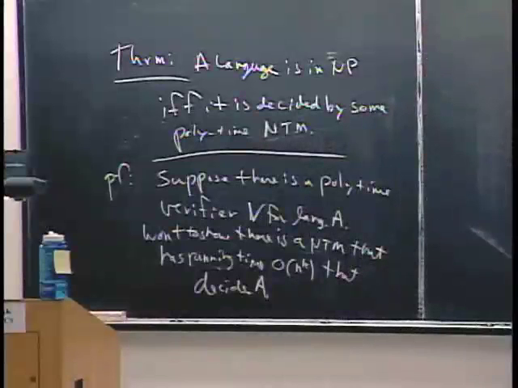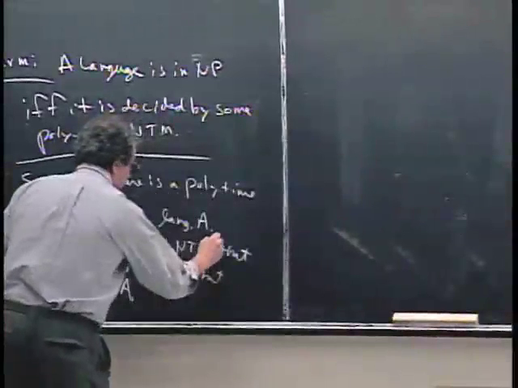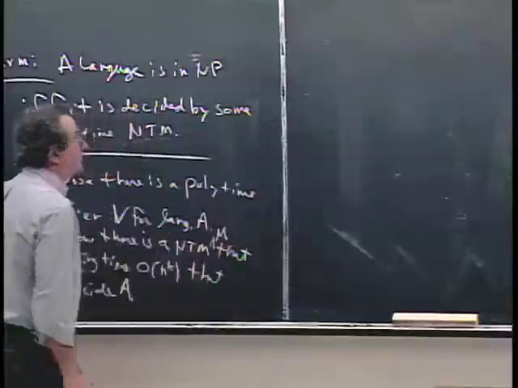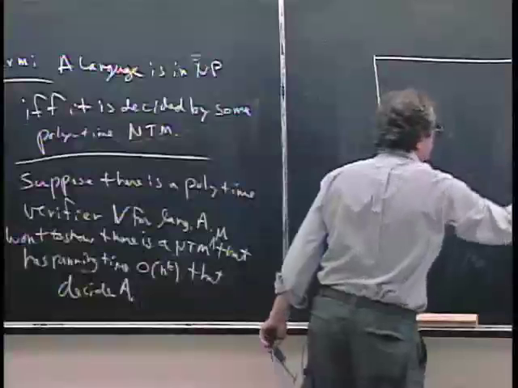So what does that Turing machine look like? Let me call it M. I want to construct M here.